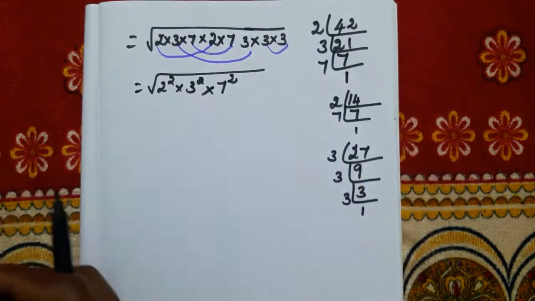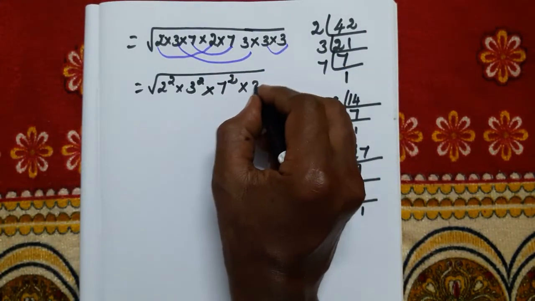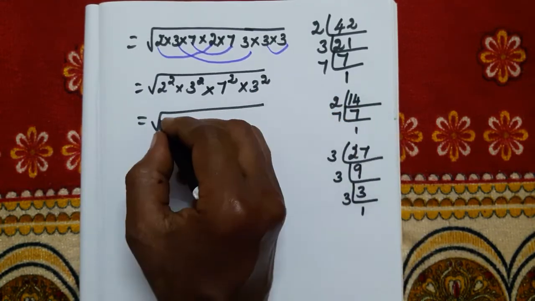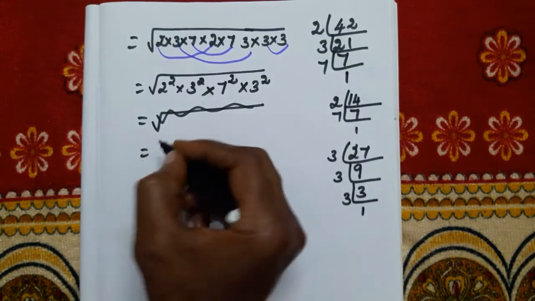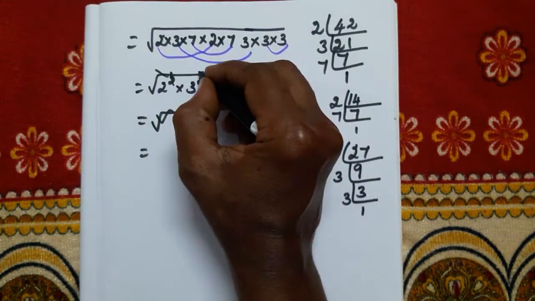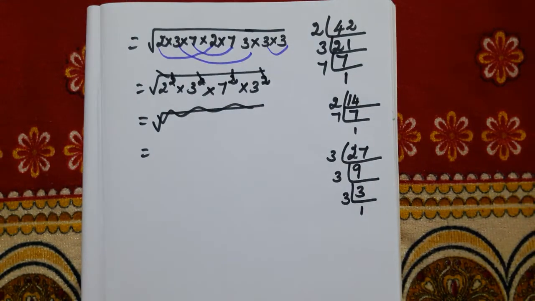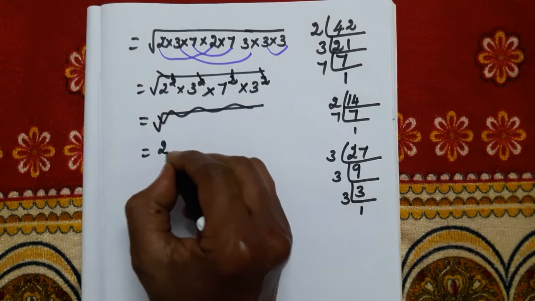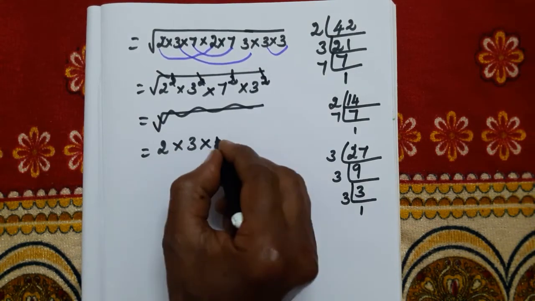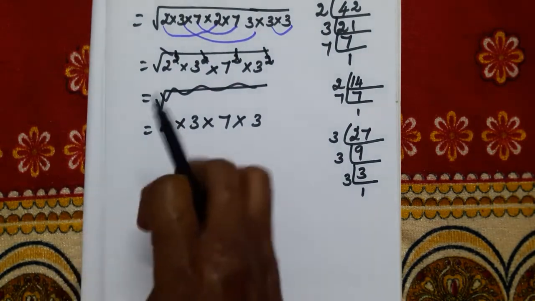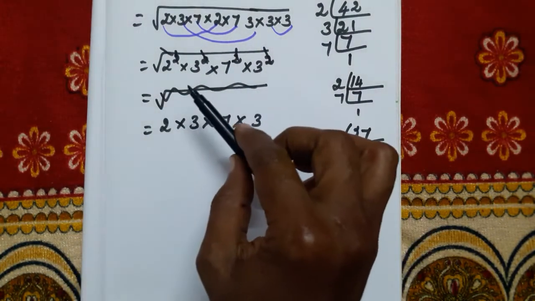Here 3 into 3, 3 square. Here the square root and square will be cancelled, everything having a pair. So what can we write? 2 into 3 into 7 into 3. Is it clear?